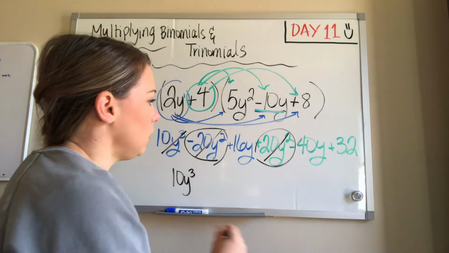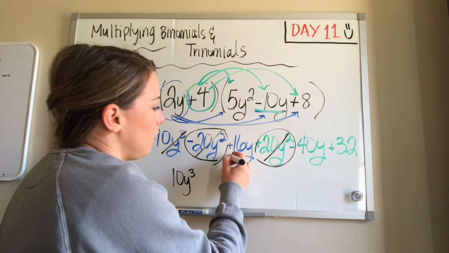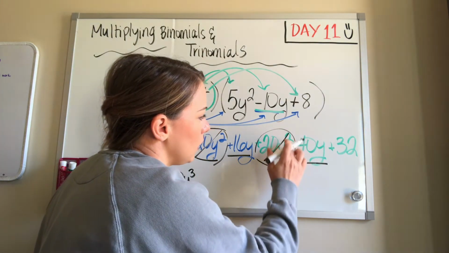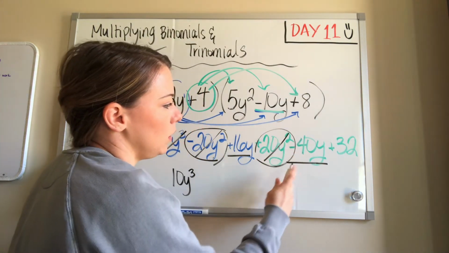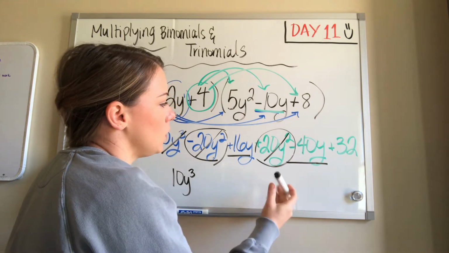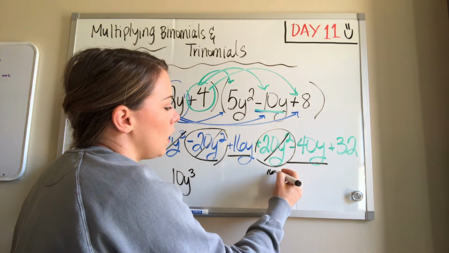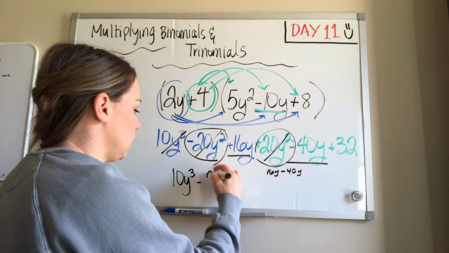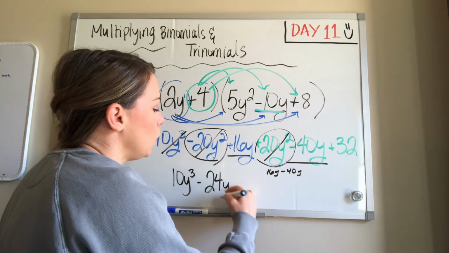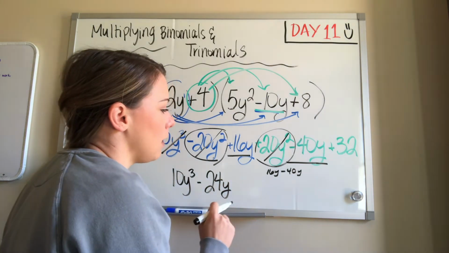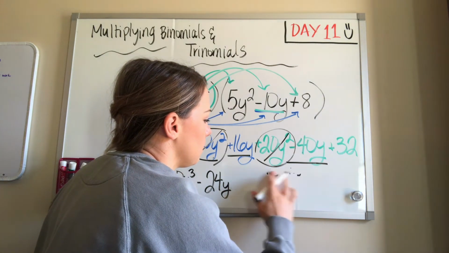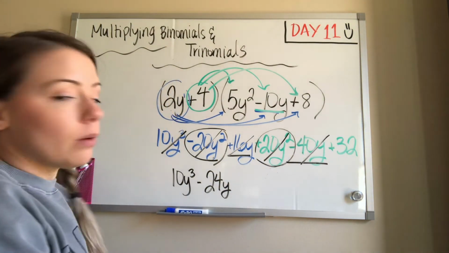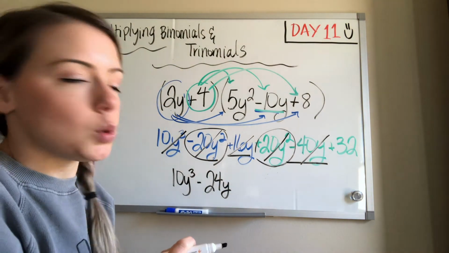All right, now let's move on to y. I have y, and I have another y, and I know I crossed it out here, so this 40 is negative. So what I have is 16y minus 40y, which is negative 24y, because I have to still do that from left to right. I've used these, so I'm going to cross them out so again I don't accidentally use them twice.